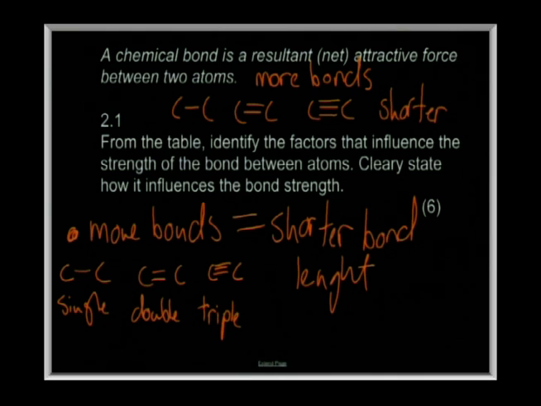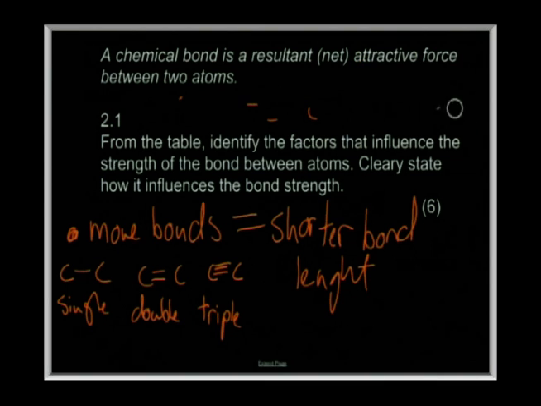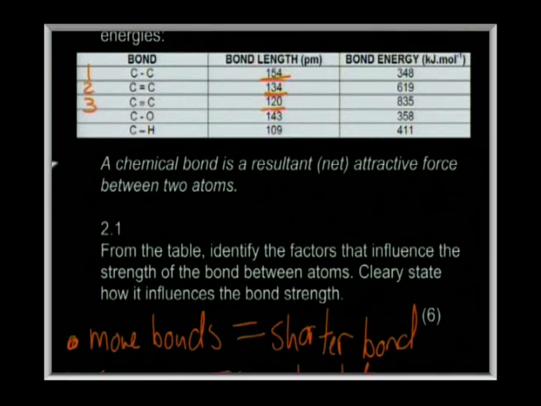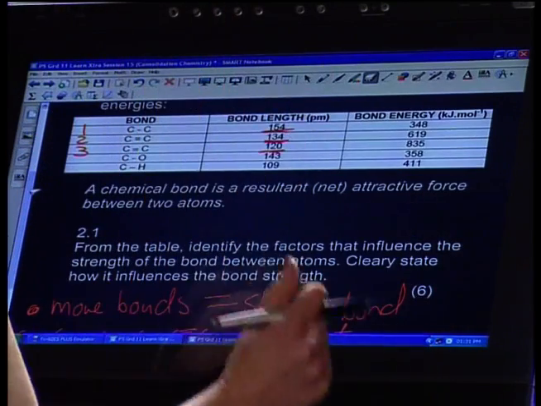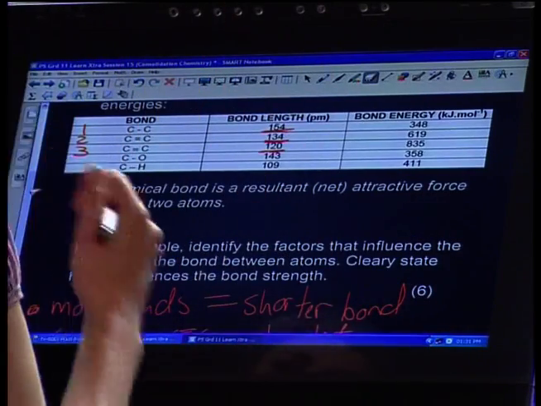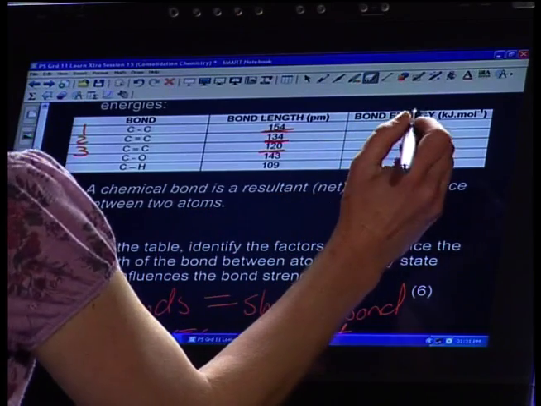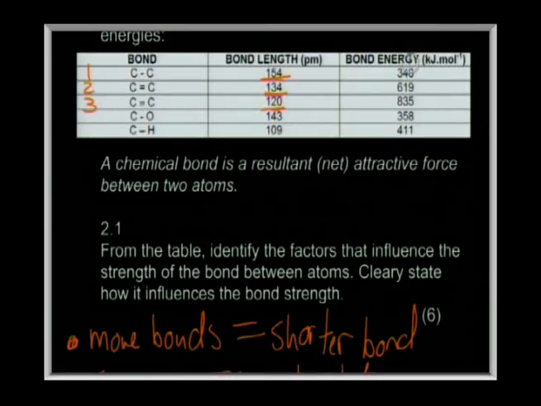Right, so that's the first conclusion I can draw from the table, but there's definitely more, because they wouldn't have given me all of that information if there wasn't more to conclude about it. So let's go back. We've already said that with more bonds, the bond length decreases, so they're held closer together. What do I see in terms of the trend in the bond energies?